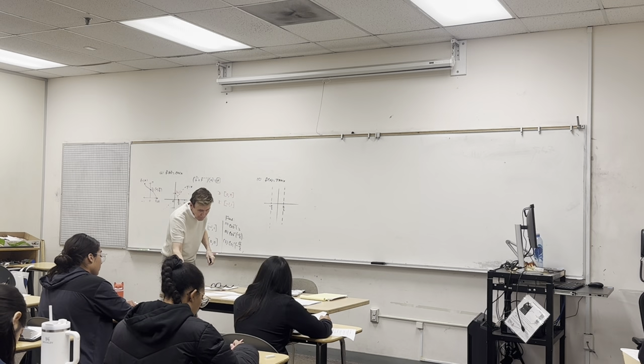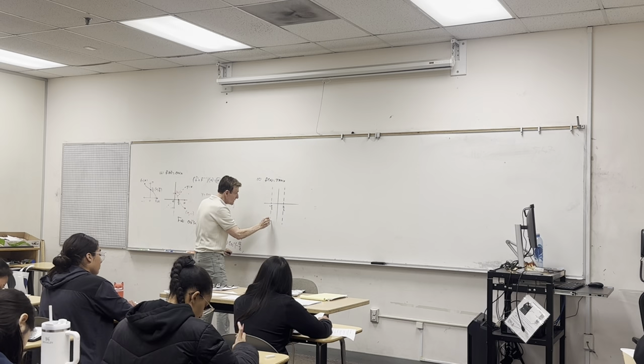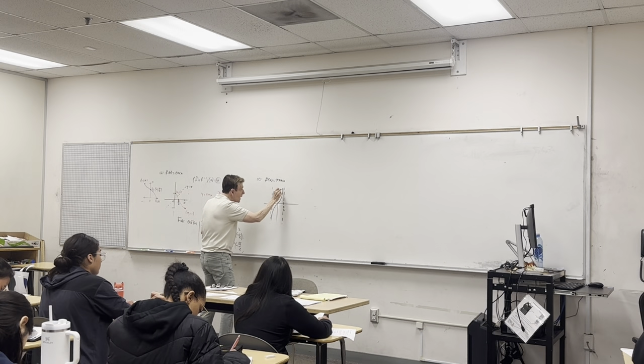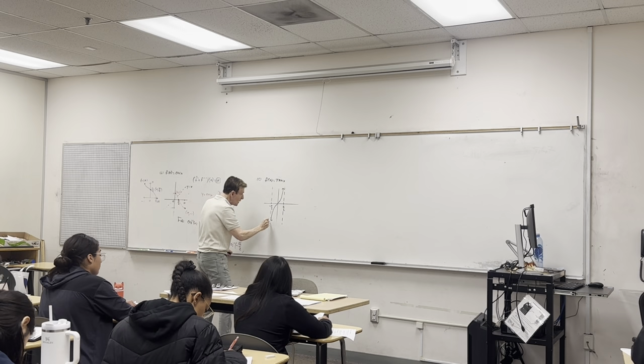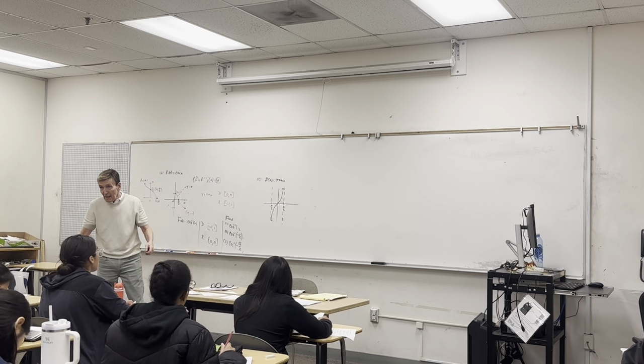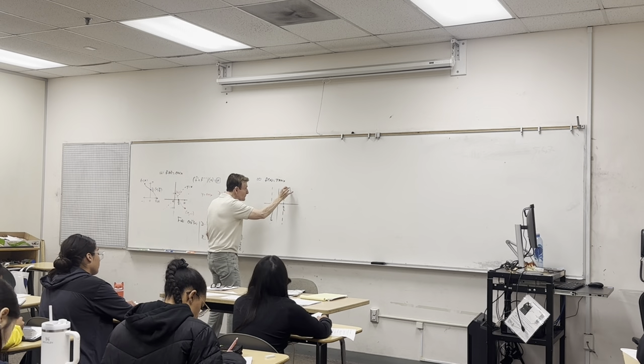And please tell me, if my memory serves me right here, it looks something like this. Yes or no? That's what we accept. I think it's the parent graph of tangent. So this is y equals tan x.